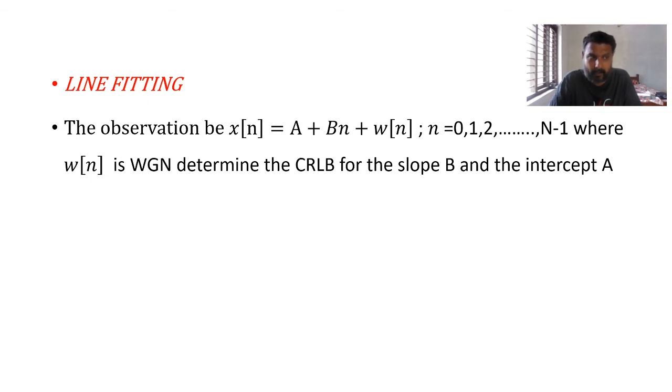Now here it is only A and B. So the number of elements in the Fisher information matrix will be 2 cross 2. So we have to calculate all the elements of the Fisher information matrix in order to find the slope B as well as the intercept A.